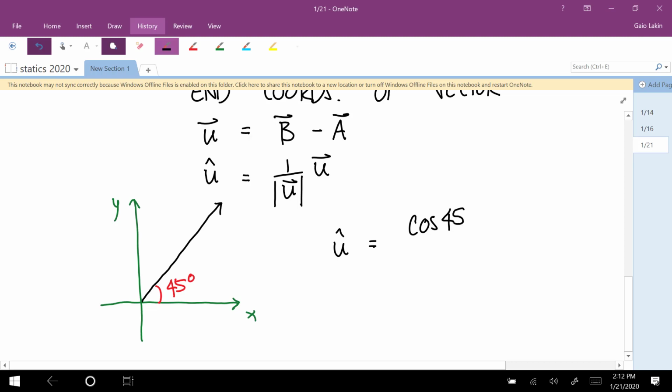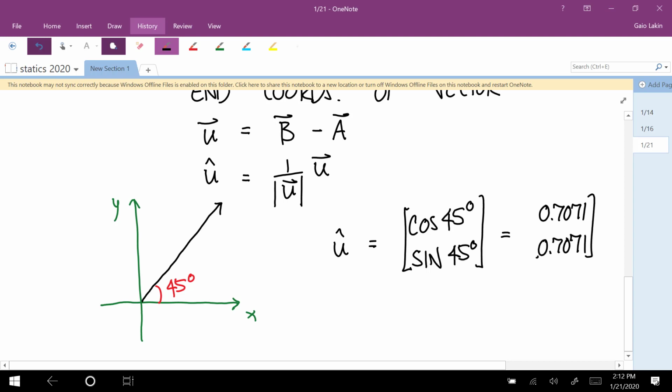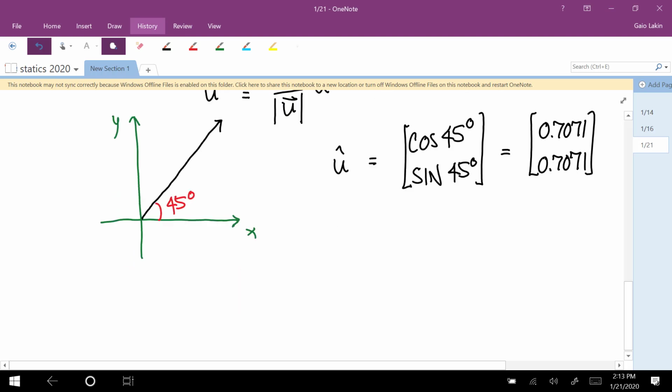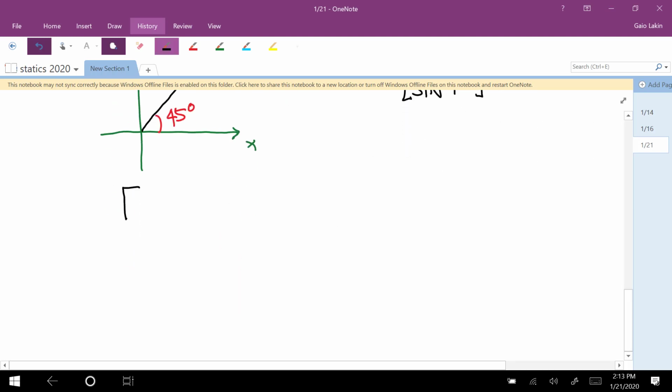So cosine of 45, sine of 45. And that's 0.7071, 0.7071. And now we just multiply that unit vector times the magnitude T, and we get that the force vector applied by the cable is 0.7071 T, 0.7071 T.